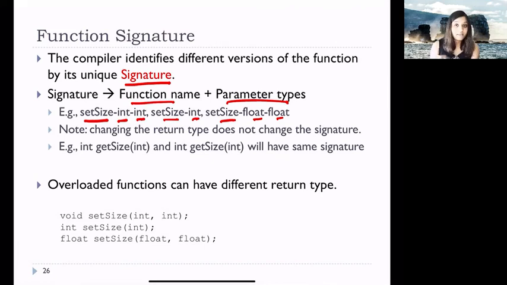Changing the return type does not change the signature, because the signature does not store the return type.